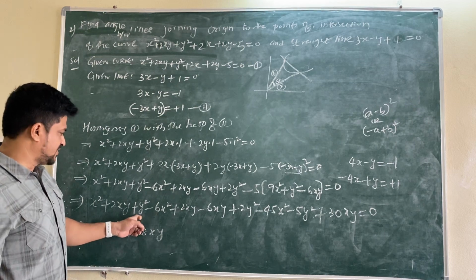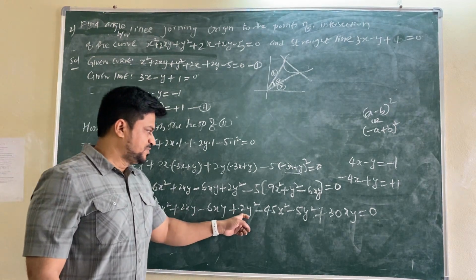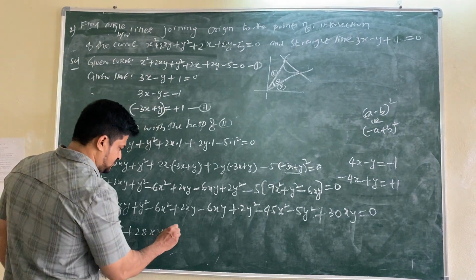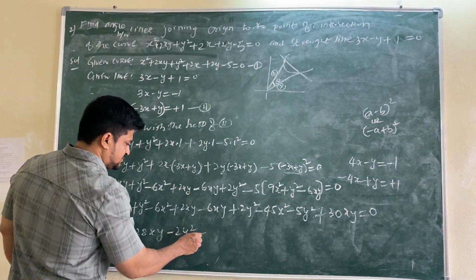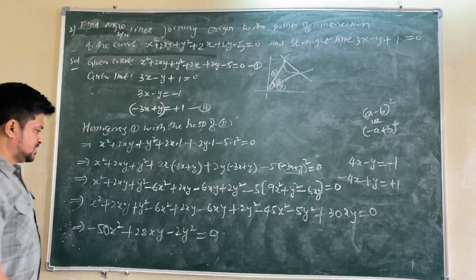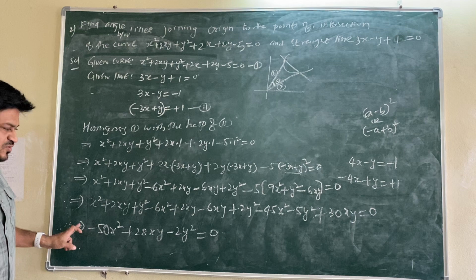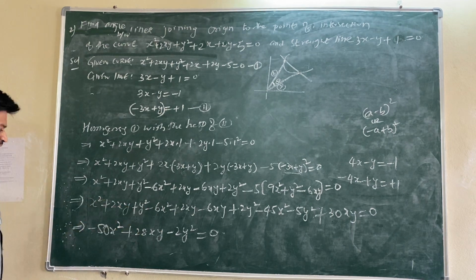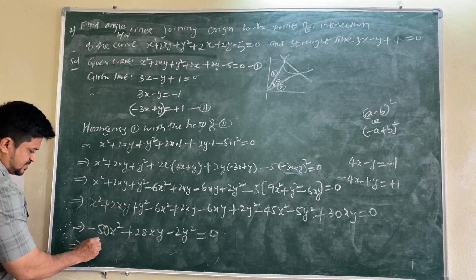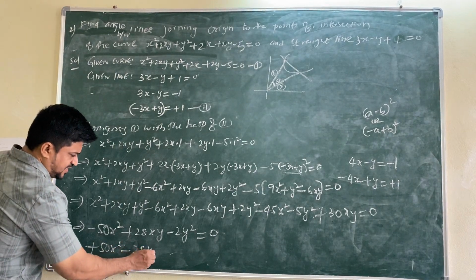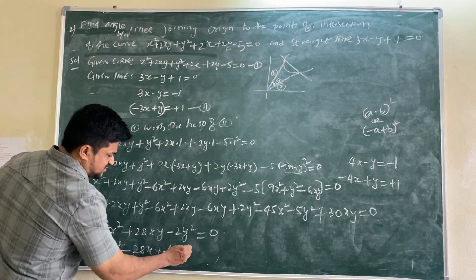Then y square: plus 1y square, plus 2y square, plus 3, minus 5. Now, if we have a minus sign on the first value, multiply the whole equation with the minus sign. Plus 15, minus 28, plus 2y square.